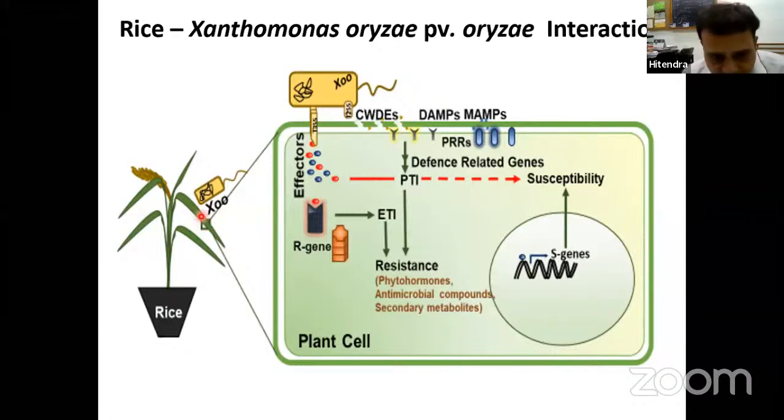Once it goes inside, what is the difference between plant and animal cell? Plant cell has this thick cell wall. Okay, so this is a thick barrier for the bacteria. What does bacteria want from a plant? It wants nutrition. And where is nutrition in the cell? It is inside the cell.